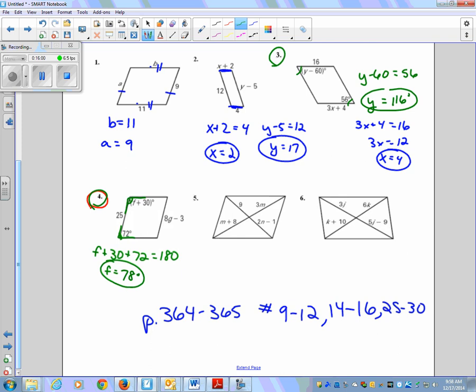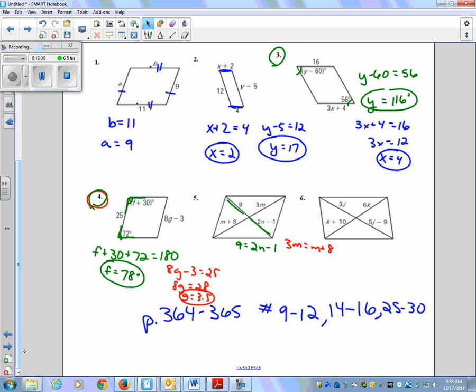Okay, and then g, we're going to just do 8g minus 3 equals 25. This came out to a decimal, 3.5, right. Okay, the last two apply the theorem that says diagonals bisect each other. So 9 equals 2n minus 1, and 3m equals m plus 8.